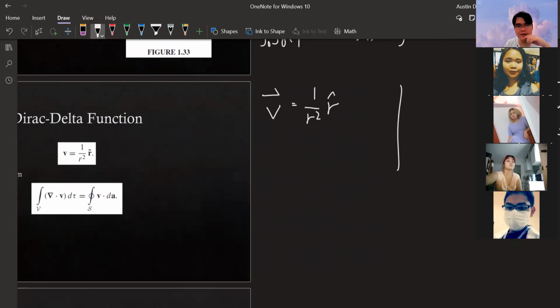So, sulat tayo ng coordinate system. Kapag inisip mo to, yung vector mo will radially point outward. And then it decreases as you go along infinity. So, lagyan pa natin dito.